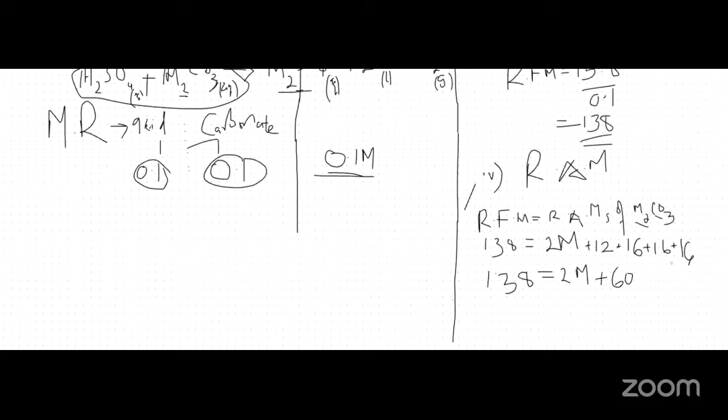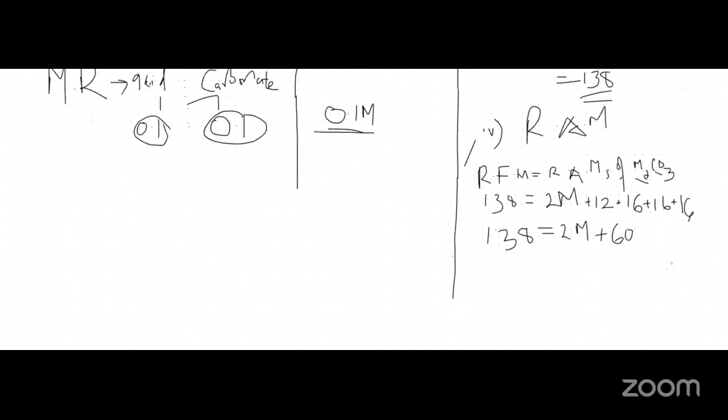So in mathematics, now we go back to mathematics. Mathematics tells us that if you have something that is positive here, when you bring it to the other side it becomes minus, right? So it becomes 138 minus 60 is equal to 2m. 78. So 78 is equal to 2m. Because you divide by 2 over 2 over 2. So m now is equal to 39.